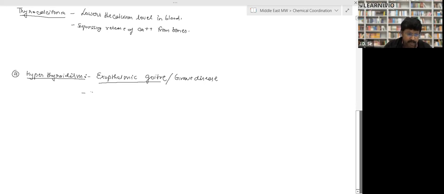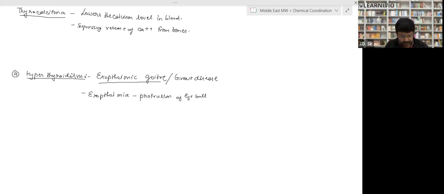It is characterized by exophthalmia, that is protrusion of the eyeball, meaning coming out, because fluid accumulates behind them.